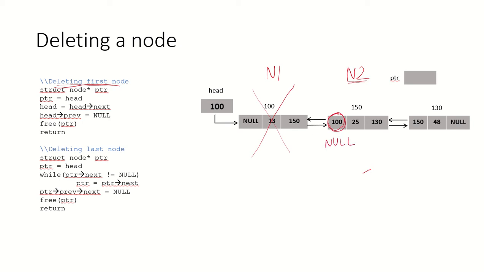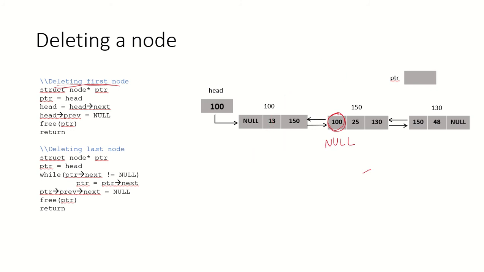Also, the head pointer should now point to the second node. And lastly, whenever we delete a node, we have to free the space that was allocated to this particular node so that it can be returned to heap. So the space that is being used by N1 has to be freed. So these are the changes that are required.